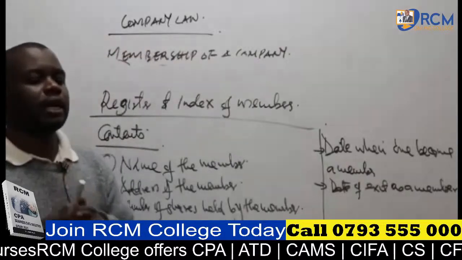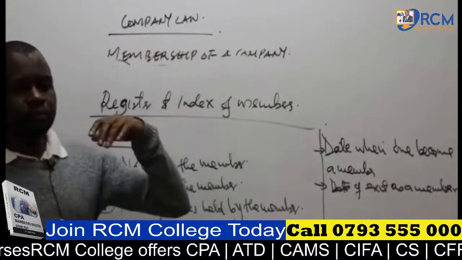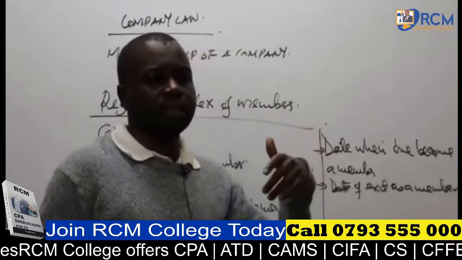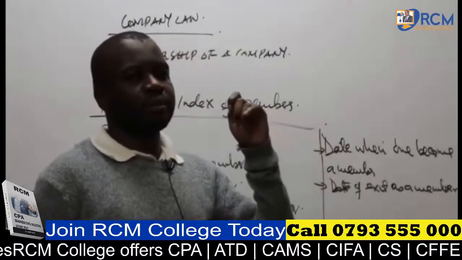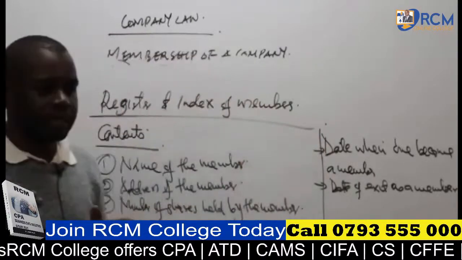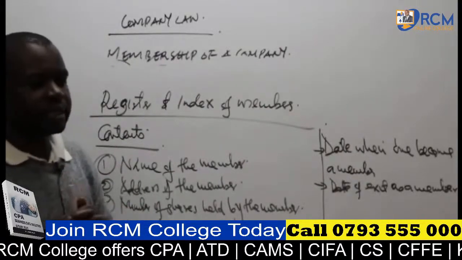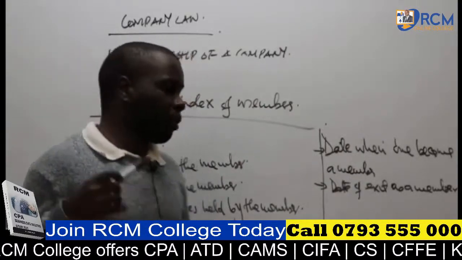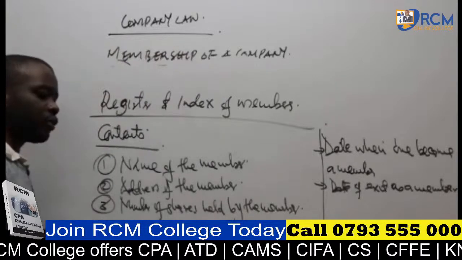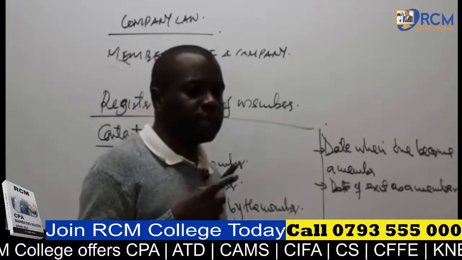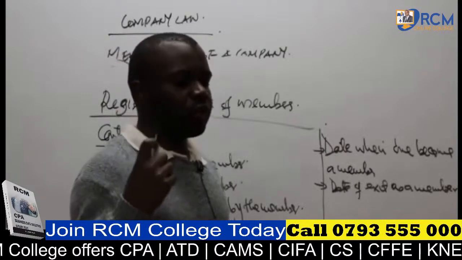Maybe the company has several branches, so they can choose, maybe where the main office is, to keep the register. So apart from being kept at the registered office of the company, it can also be maintained at any branch of the company.